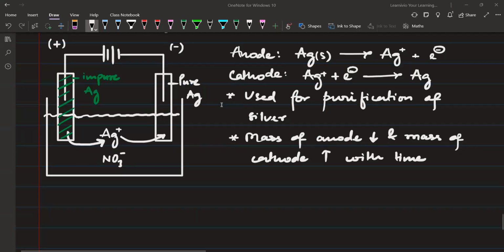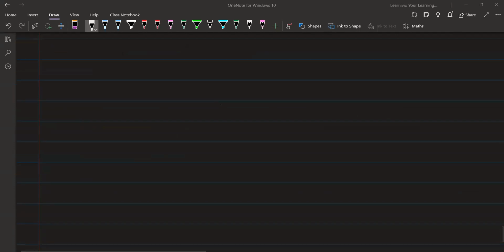A very similar one is, please write next with me: aqueous CuSO4.